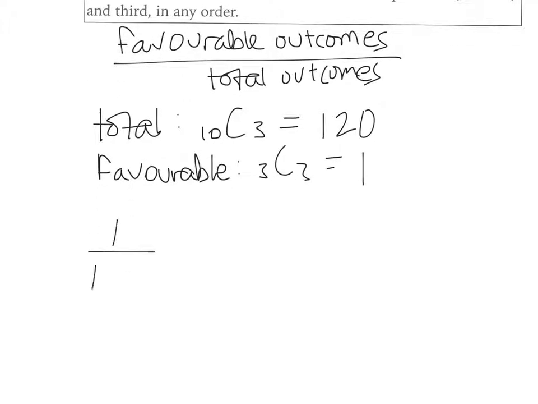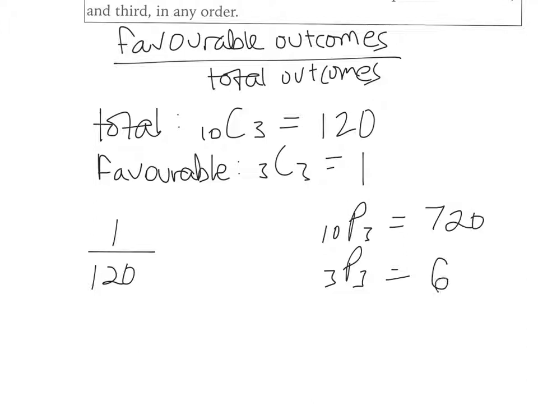So here the probability is 1 out of 120. Now let's imagine we picked permutations instead, and we did 10 pick 3 and 3 pick 3, and we put them over top of each other. If I do 10 pick 3, I get 720, and if I do 3 pick 3, I get 6.